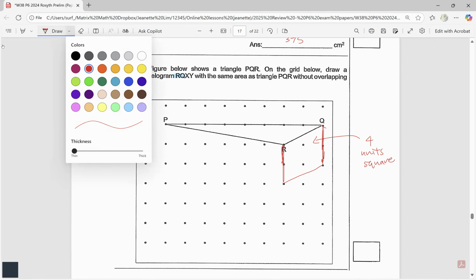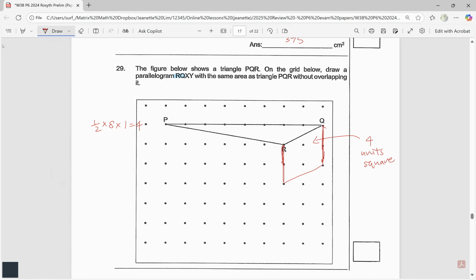So how do you tell it's 4 square units? Let me just darken this.